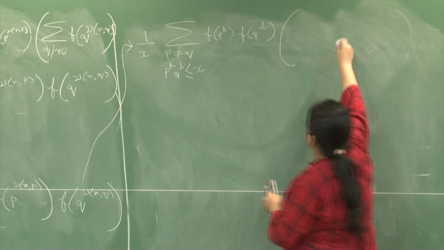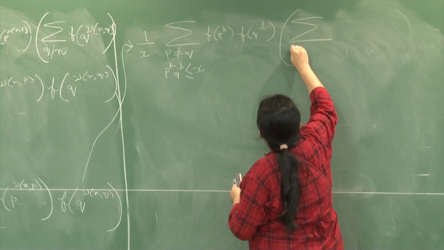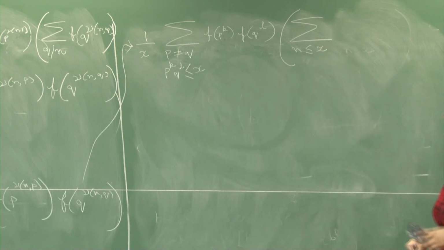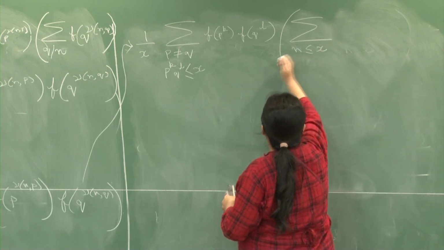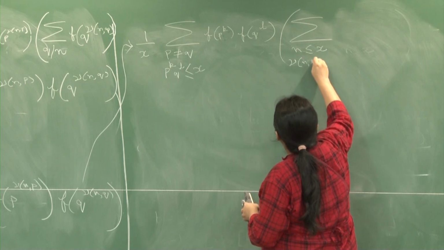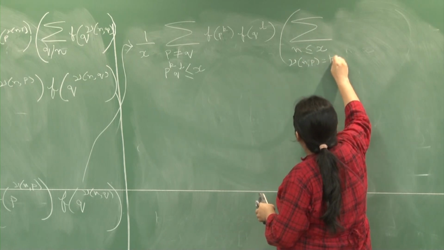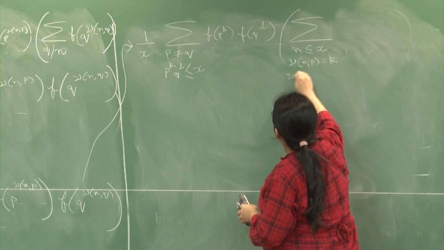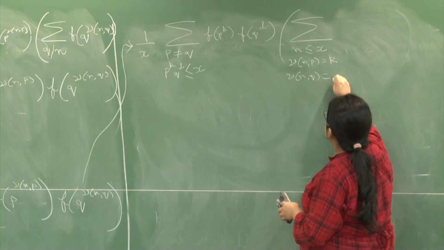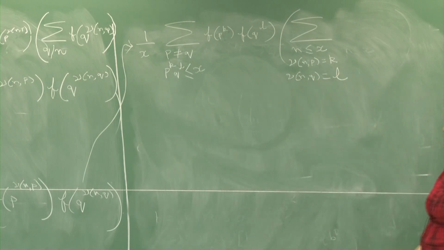The inner sum runs over all those n's up till x, such that mu of n comma p is exactly equal to k, and mu of n comma q is exactly equal to l. Okay.